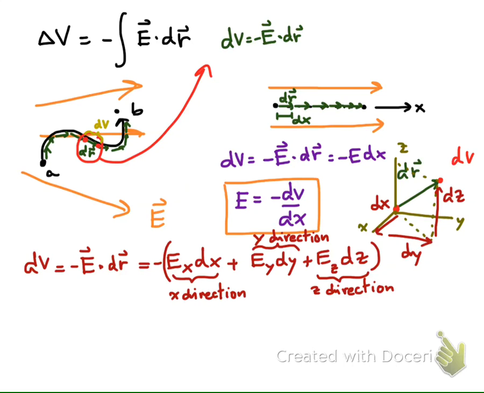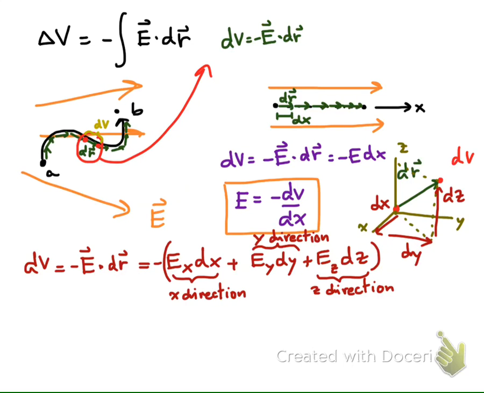Now, the first term is the electric potential change when we move from this point to this point. The second term is the electric potential change when you move from this point to this point. And the last term is the electric potential change when you move from this point to the final point.